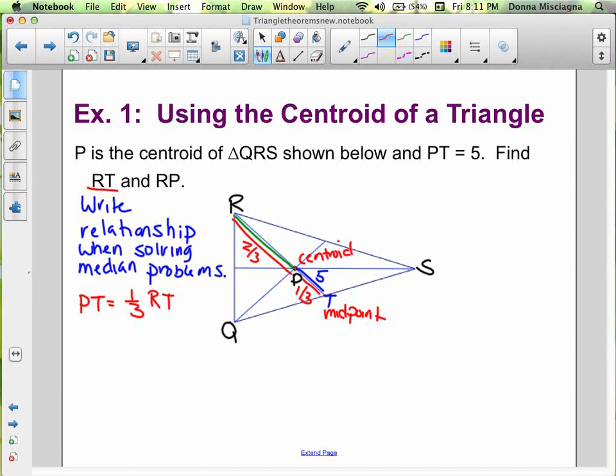So if PT is 1/3 of RT, how many PTs does it take to solve for RT? Well, if it's 1/3, it would take 3 PTs. So if I have 3 PTs, it's equal to 1 RT. Now, which way is the better way to solve? We got 2 equations here that we could use.